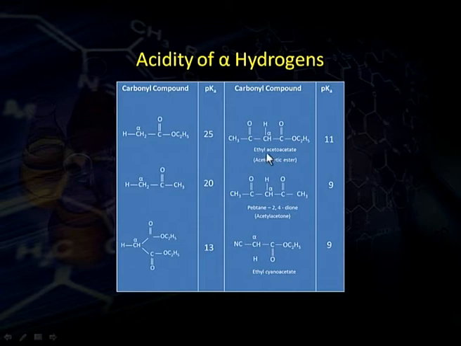In ethyl acetoacetate, again the alpha hydrogen is flanked on either side by a carbonyl group, and the pKa value is reduced to 11. In acetyl acetone it is 9, and in cyanoacetate again the pKa value is 9, meaning here the alpha hydrogens are strongly acidic in nature.